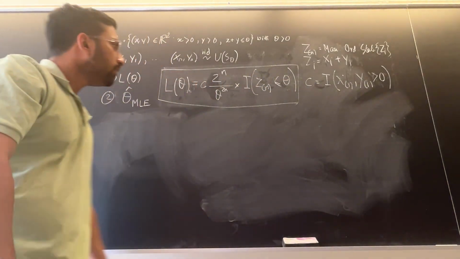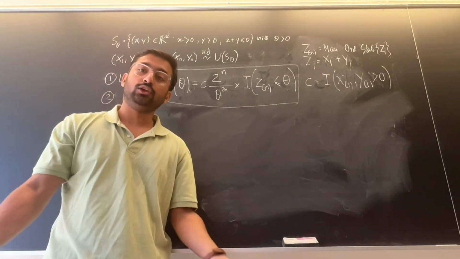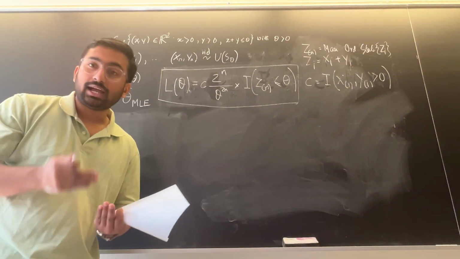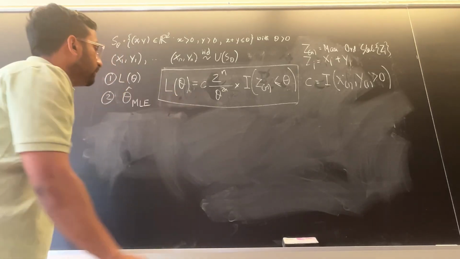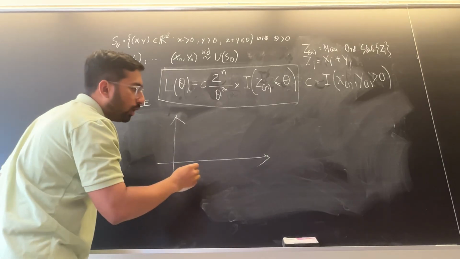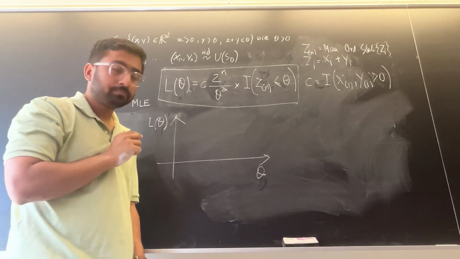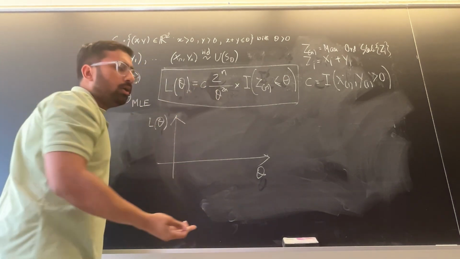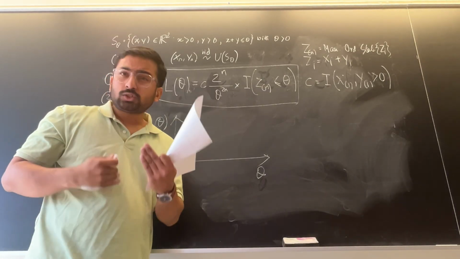It's very easy now. We have found the likelihood. We want to see for which theta the likelihood is maximized. That's the theta called the MLE, the maximum likelihood estimate. So let's plot this: this is theta, and this is L of theta. Let's not think about the constant, but plot the plausible structure of the graph.